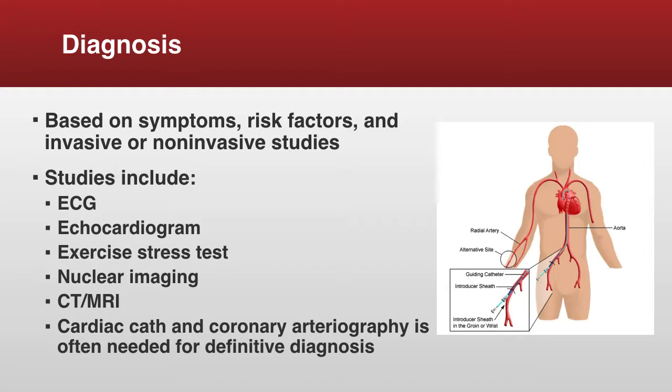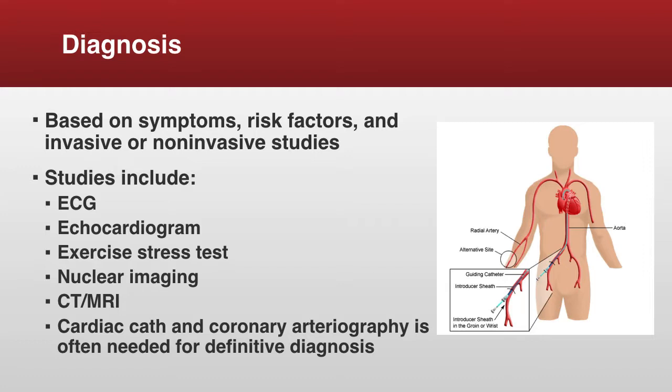Those are all non-invasive studies. The exercise test is especially important because often with these patients, their resting ECG is almost always normal. But when they start to exercise, that's when we start seeing changes that are related to the ischemia that's happening in their heart.